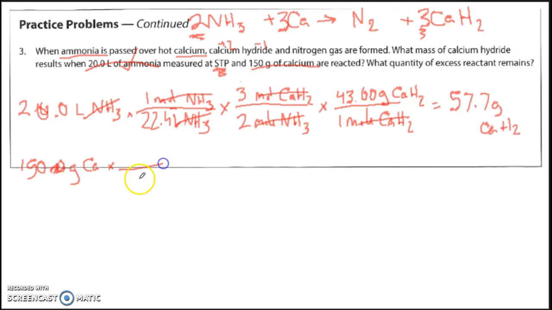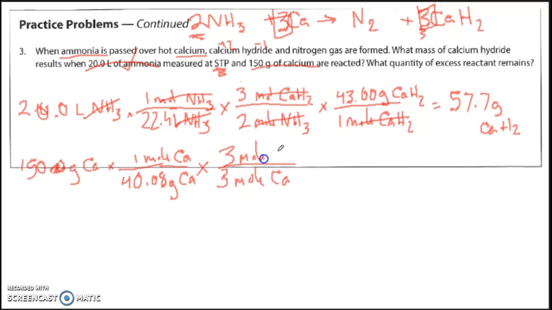Convert that to moles using the molar mass of calcium, 40.08 grams calcium to 1 mole of calcium. And now I need the mole ratio between calcium and calcium hydride, which is a lovely 3 to 3, which makes sense. 3 moles of calcium, 3 moles calcium hydride.